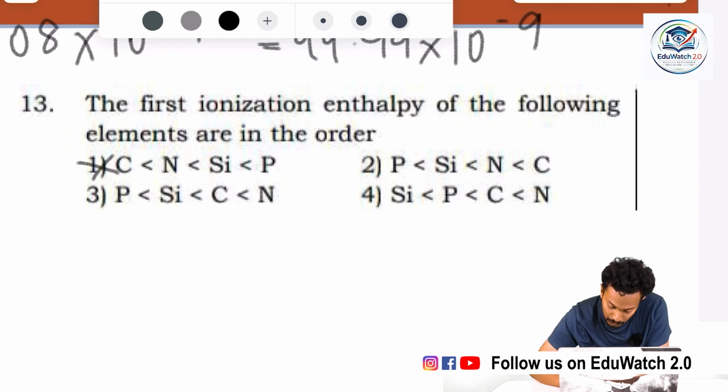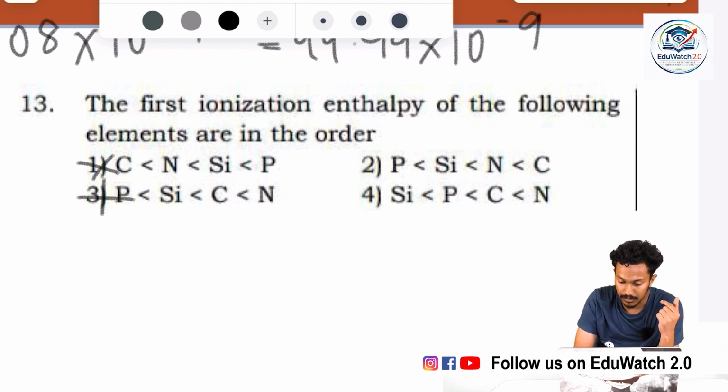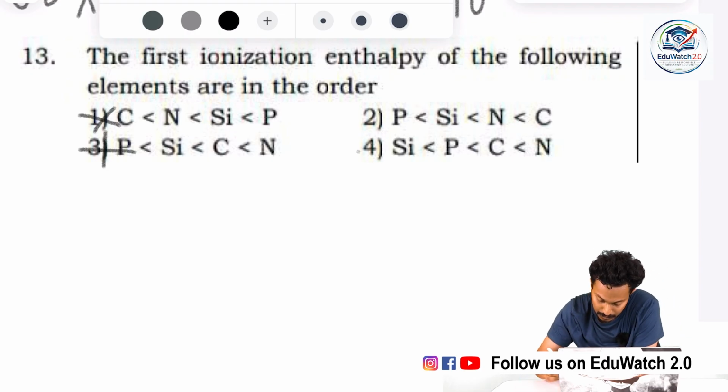We could cancel out option 1 and option 3. It decreases from top to bottom. So we could say that option number 4.